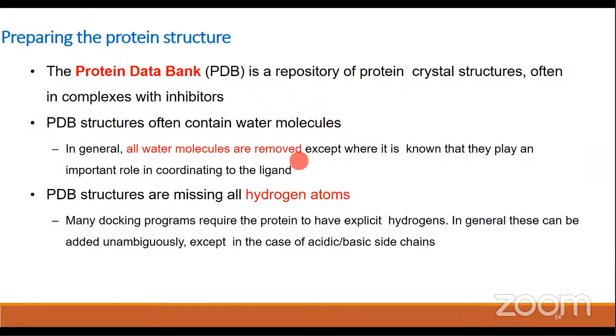Also, sometimes when they are doing a crystallization, more than one sequence gets crystallized, so we can talk about chain A, chain B, chain C, chain D. It will have multiple chains in that protein. In those cases, we first need to analyze the sequence.